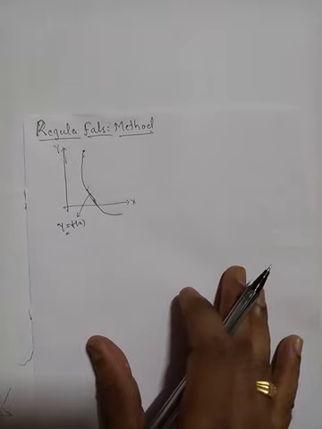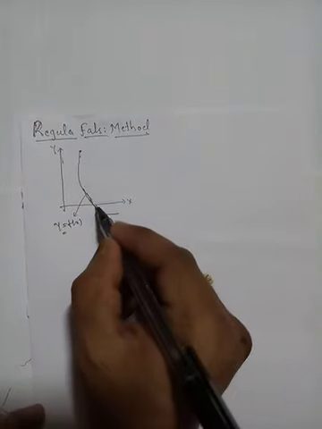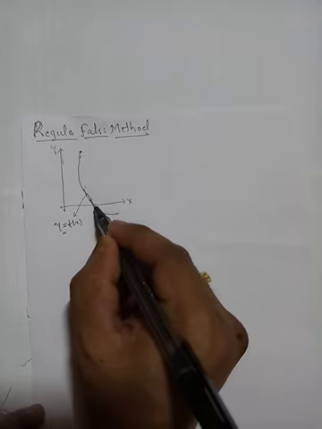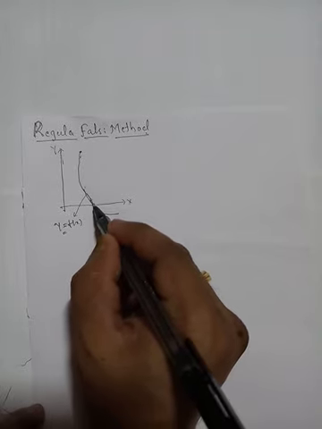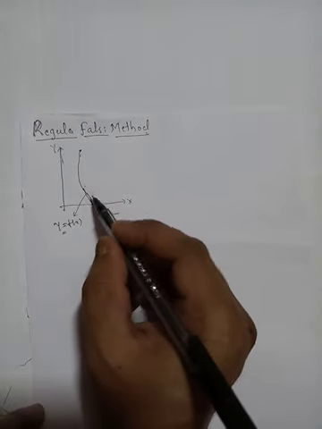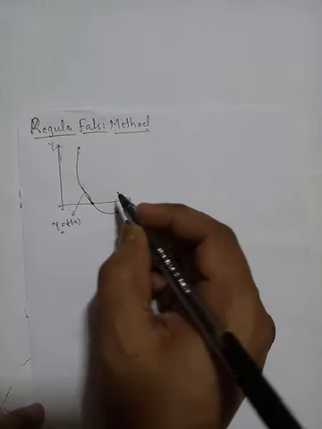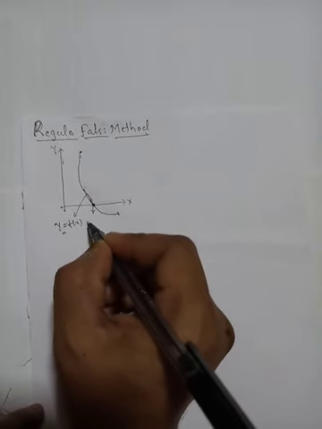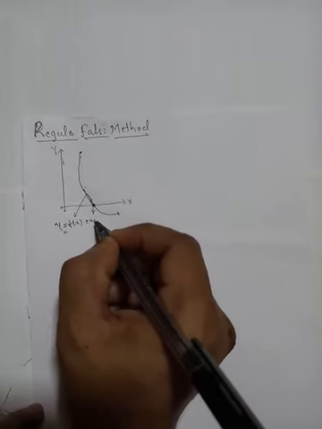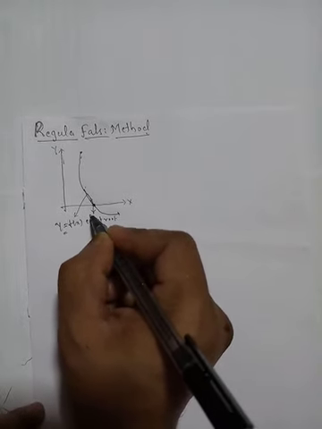Now this curve intersects the x-axis at this point. The point of intersection of this curve with the x-axis is called the exact root, the value of x.